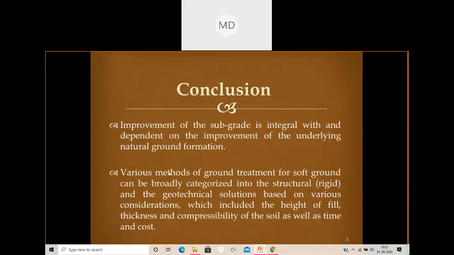We cannot always go for structural solutions, and also we cannot always go for geotechnical solutions. So generally the ground treatment for soft ground is classified into structural and geotechnical solutions, and this will depend on the type of site, the depth of the weak deposit, and also the time and cost required. Depending on these things we should take the solutions.